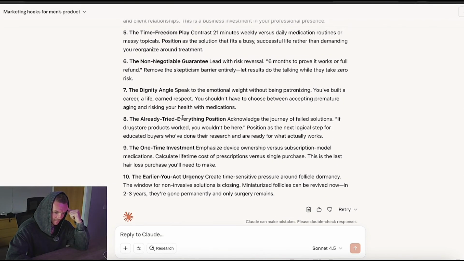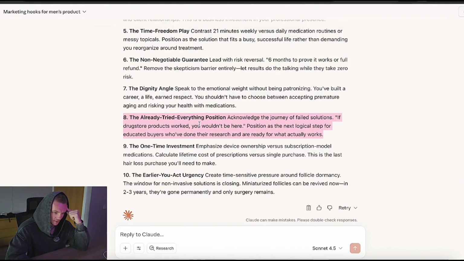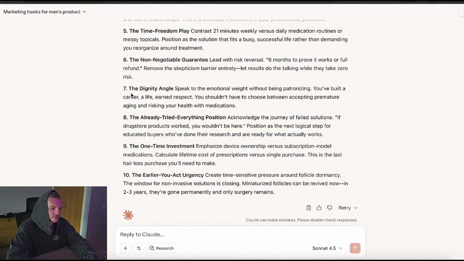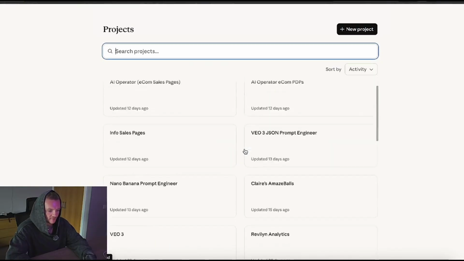I think we should go for this one. So thinking awareness levels, we're going to be going for a solution aware person here, okay? So we're going to use this one. Already tried everything: minoxidil, the thing with the roller and stuff. Let's use that one. So I'm going to come back over to my VSL project.